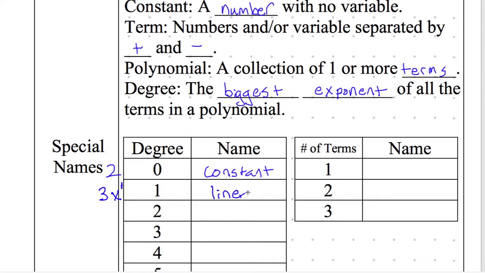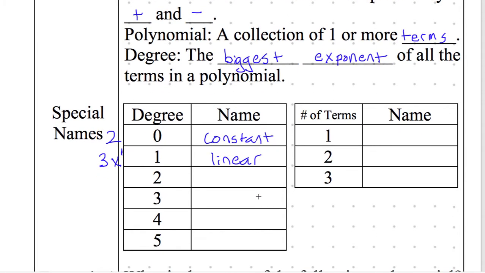You have studied these a ton in Algebra 1. Hopefully you studied how to solve 3x equals 9 in Algebra 1. If not, I have failed as a teacher. A degree 2 term, that's something like 5x to the power of 2, because 2 again is the highest power. A degree 2 term, which we are trying to get to, is called a quadratic.